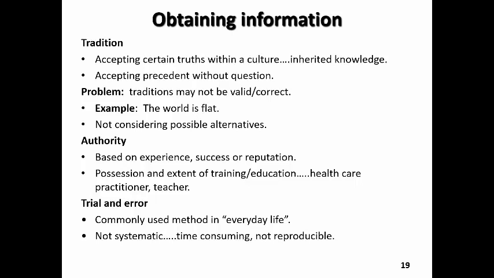It's very often not reproducible, and there's no established plan. One example here is opening up a newly purchased computer. Very often, many people will not go through a systematic approach of reading a manual, but will just start pressing buttons until something works. That's an example of the trial and error method.